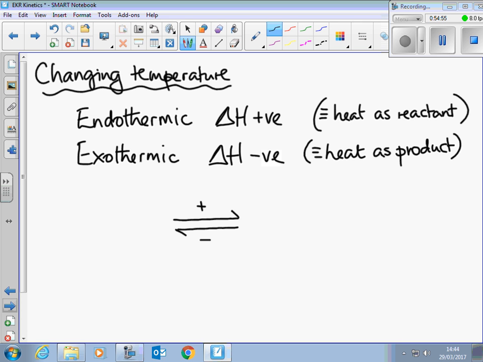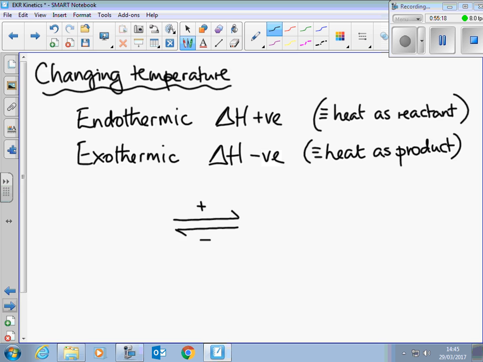You're adding more heat to it. But if you've got an exothermic reaction and you warm it up, that's not going to help. It's not going to keep that reaction going. It's actually going to try and push it back the other way because it's already making heat. So it's going to try and get rid of the excess heat and go back the other way.